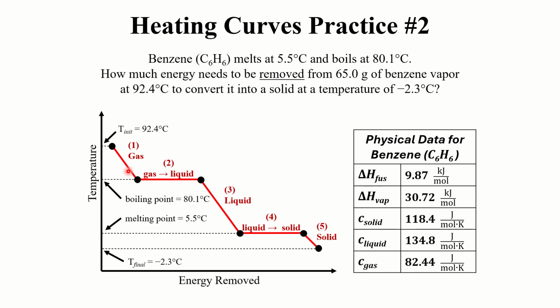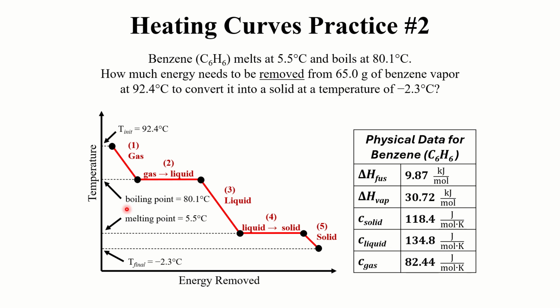Curves 1, 3, and 5 would use the formula Q equals mC delta T. Your mass would be 65 grams. Your C value would be one of these C values, depending upon if you are in the gas, liquid, or solid phase. And then the change in temperature would depend upon which phase you are in.